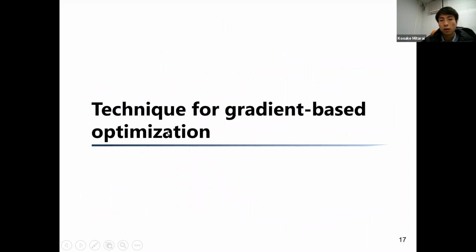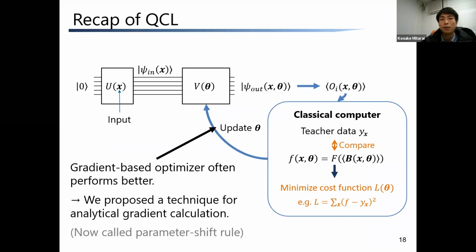Also, in the quantum circuit learning paper, we propose a technique for gradient-based optimization, which you might know about, but I will briefly explain. QCL was an algorithm like this, where we use a parameterized quantum circuit and we update the parameter theta on the classical computer.